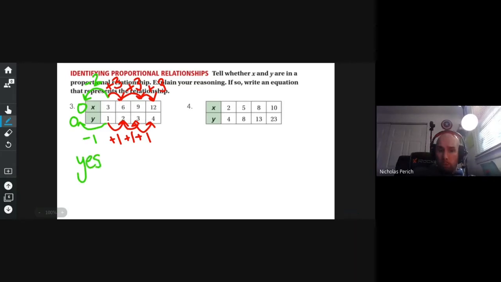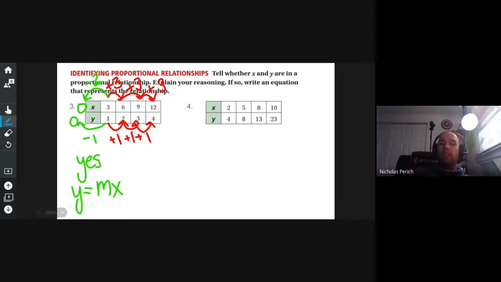My slope is rise over run. Okay, remember, if I have a proportional relationship, it's in the form y equals mx. M is slope. M is rise over run. The rise is the y values, and the run is the x values.